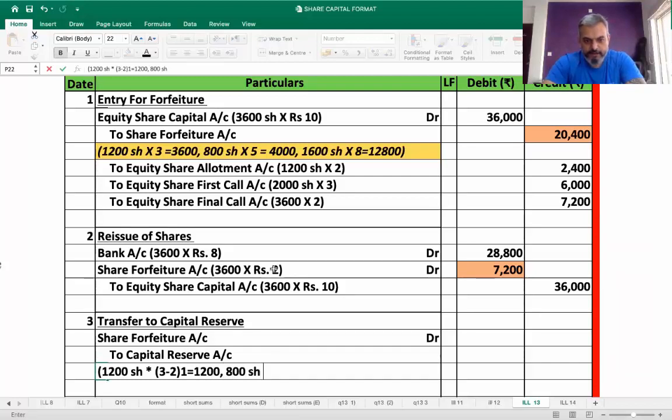Then 800 shares, we forfeited rupees 5 and we gave a discount of rupees 2, which is 3, equal to 2400, and 1600 shares into, we forfeited rupees 8 and gave discount of 2, which is 6, equal to 9600.